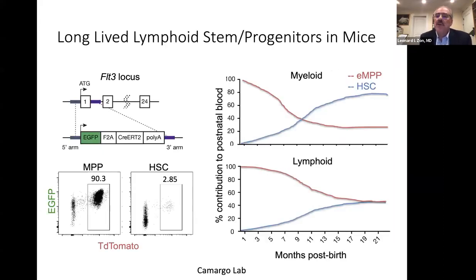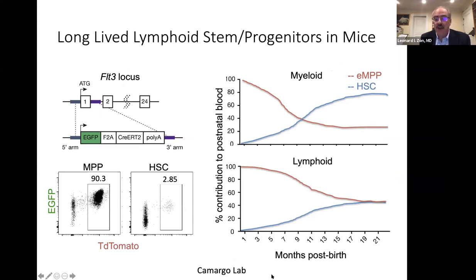Now, with regard to this type of lineage barcoding, Fernando Camargo's lab has been leading the way in many ways. This is the work from the Camargo lab, where he's used a fate mapping type of technique, FLT3 locus, using an inducible Cre-RT2. He finds that hematopoietic progenitors are long-lived.